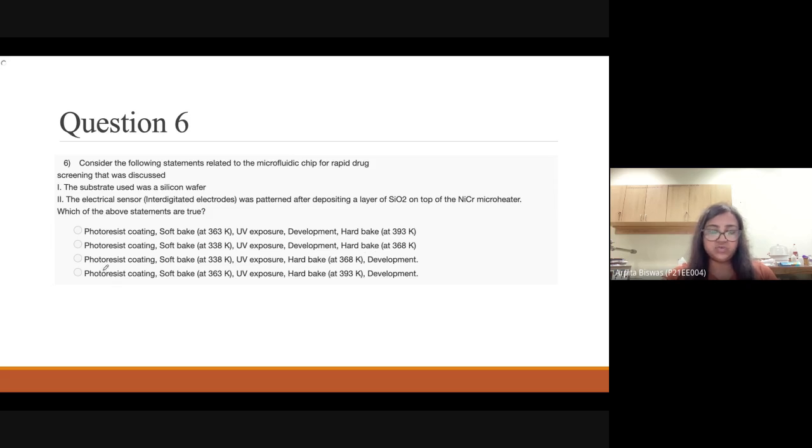The third option is photoresist coating, soft bake at 338 Kelvin, UV exposure, hard bake at 368 Kelvin, development. And the fourth option is photoresist coating, soft bake at 363 Kelvin, UV exposure, hard bake at 393 Kelvin, and next the development. So go through the options carefully and try to get the right answer.